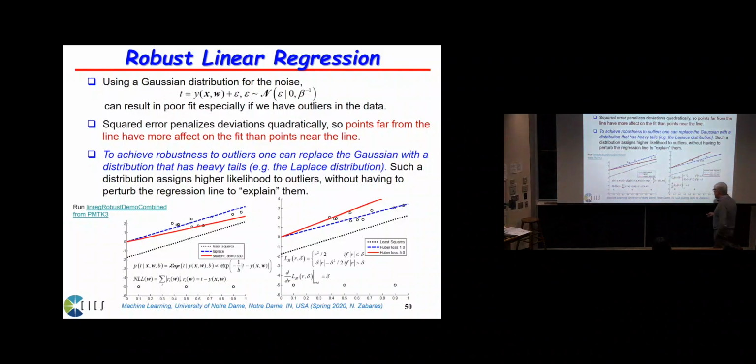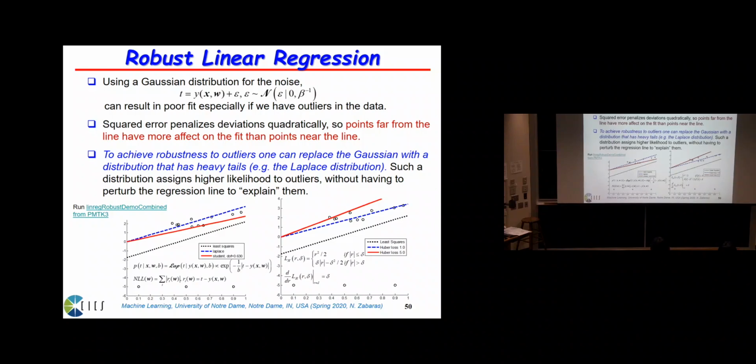So if you have outliers, like this point, so these are correct points and these are far away from reality, the error in t minus y squared is very high, so it pushes the regression function towards the outliers. So this is what we say, that the method is not robust to outliers.